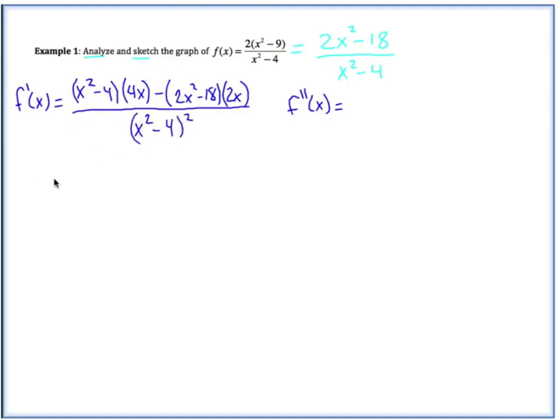And we'll just reduce this down. Okay, so we'll actually multiply out here and get 4x cubed minus 16x. Here we're going to get minus 4x cubed plus 36x.